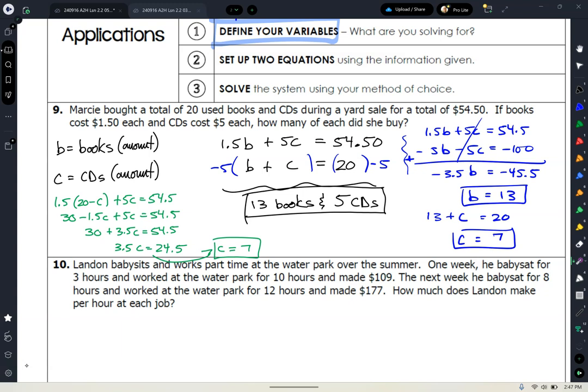And so really, it comes down to your choice in that matter. So when it comes to these, you can use elimination or substitution for the word problems, okay? So whatever makes the most amount of sense for you to do, all right? Questions on that one? Make sense? So it's really all about defining your variables and then setting up the equations correctly. All right.